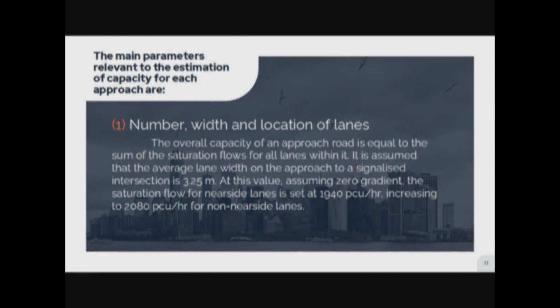It is assumed that the average lane width on the approach to a signalized intersection is 3.25 meters. At this value, assuming zero gradient, the saturation flow for near-side lanes is set to 1,940 passenger car units per hour, increasing to 2,080 passenger car units per hour for non-near-side lanes.